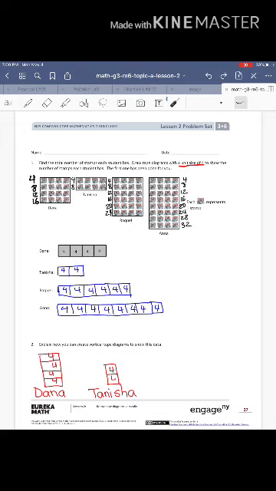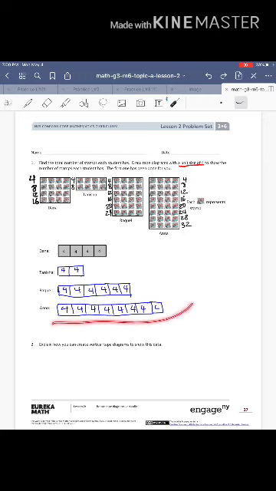So what they're basically asking you here is to explain in words how, from a tape diagram that looks like this, you can make a bar graph, creating the data in a vertical way.